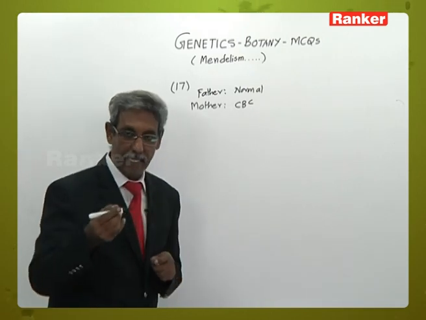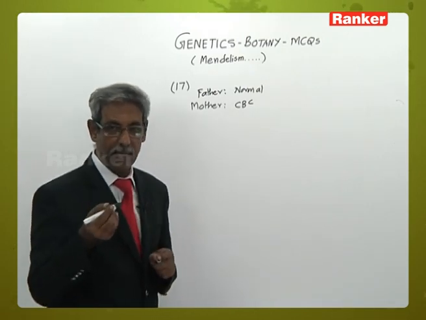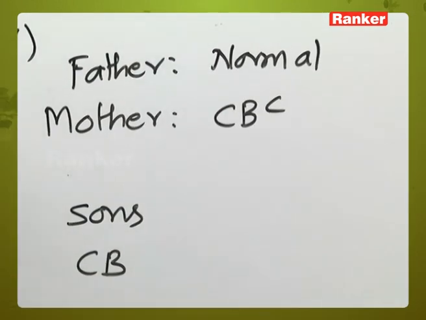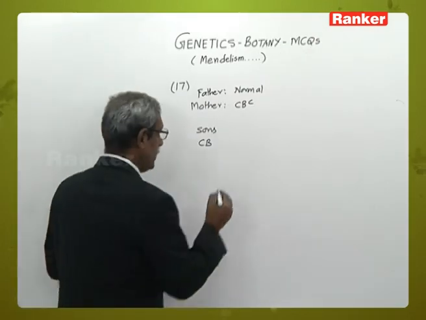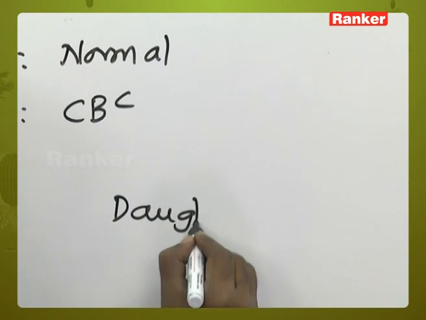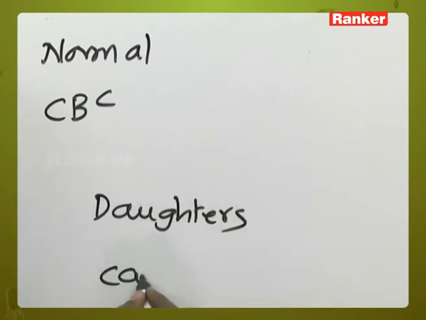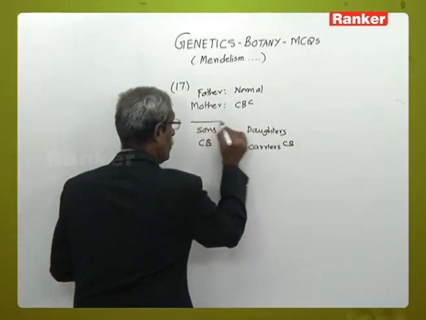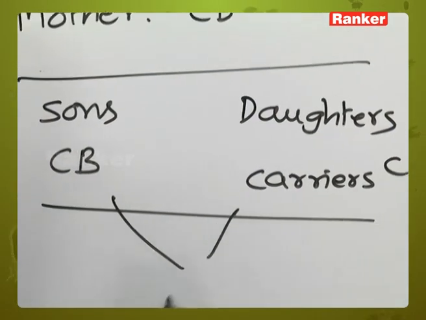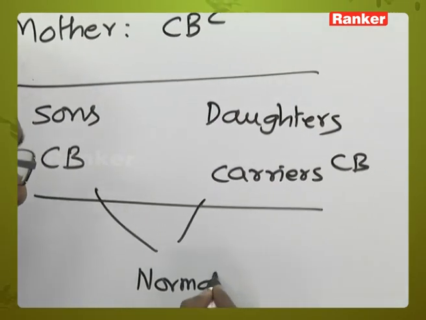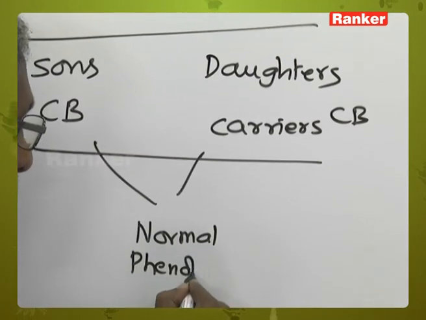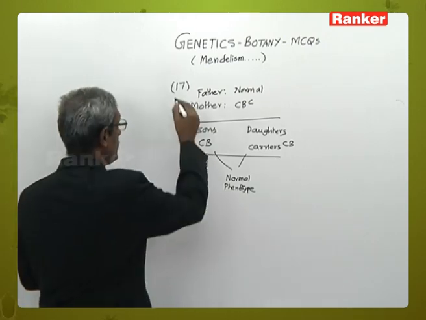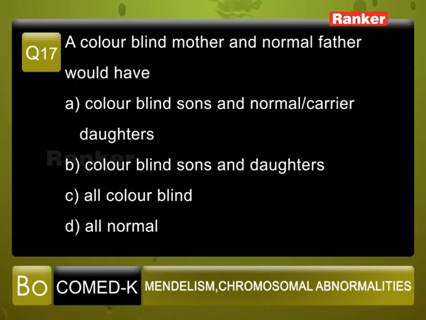As studied in the concept base, we always find that the sons are colorblind and the daughters are carriers of the colorblind gene, though both of them show a normal phenotype. Hence, the answer for the 17th question is A.